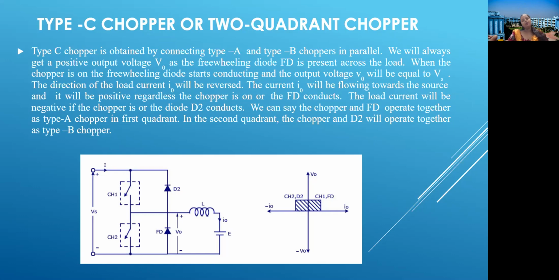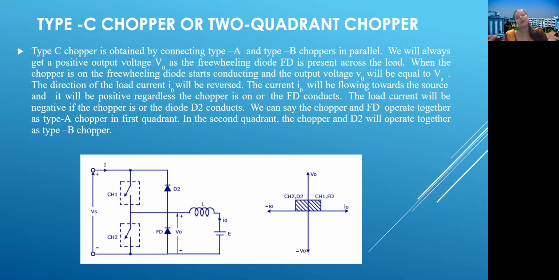Now let me tell you the application of this type of operation, where we can analyze the application of power electronics in the electrical engineering field. You have studied machines, DC motors, and braking of DC motors.